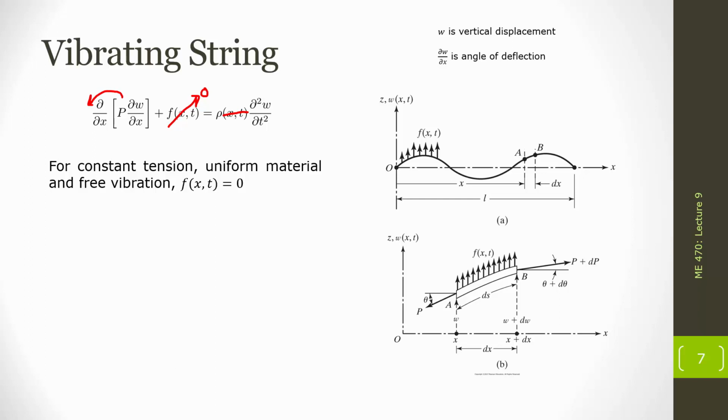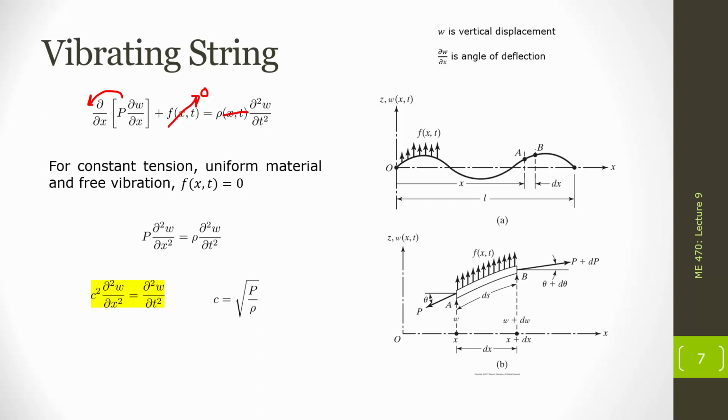So what does that let us do? It lets us rewrite that equation much more simply as p del w del x squared equals rho del squared w del t squared. The last thing I can do with this is, since p is a constant and rho is a constant, I'm going to combine them on that left-hand side.